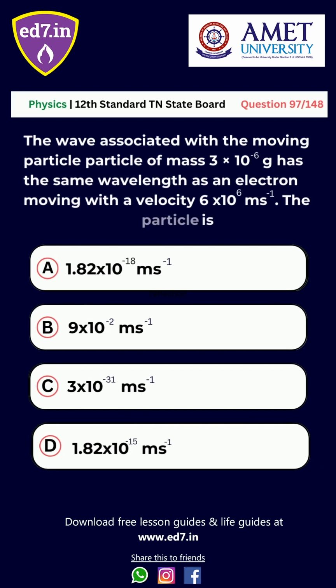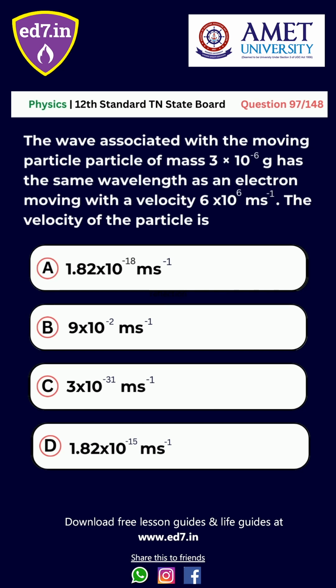Question number 97. The wavelength associated with a moving particle of mass 3 into 10 power minus 6 gram is the same as that of an electron moving with a velocity 6 into 10 power 6 ms power minus 1.